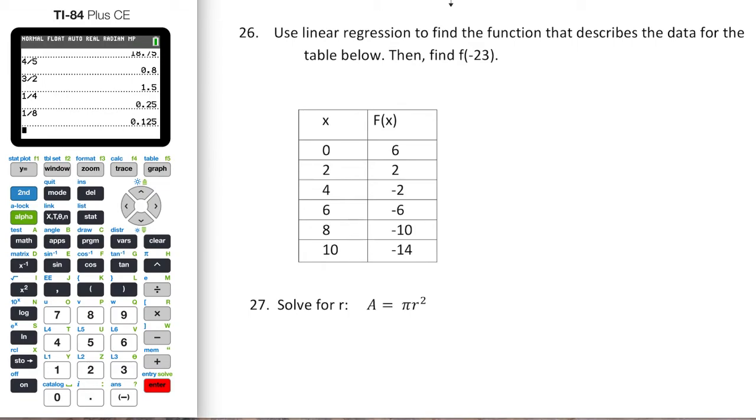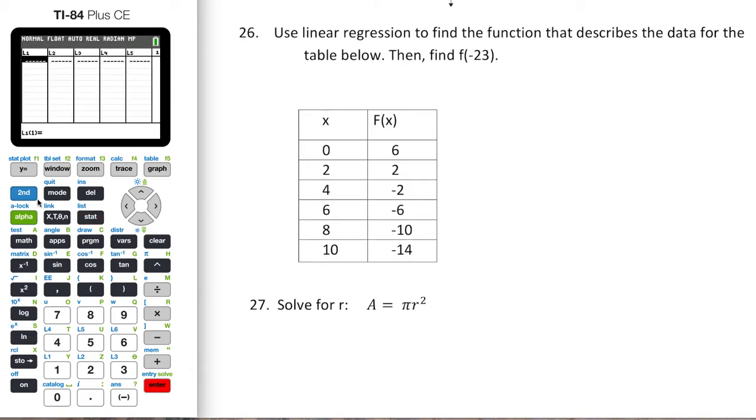All right, using linear regression, find the function that describes the data. So linear regression, we are going to go into stat and edit. And we're going to type these numbers in. So 0, 2, 4, 6, 8, and 10. And we're going to go over to our L2. We have 6, 2, -2, -6, -10, and -14.